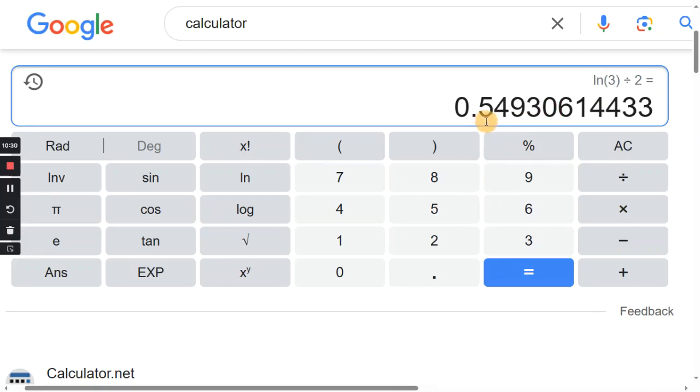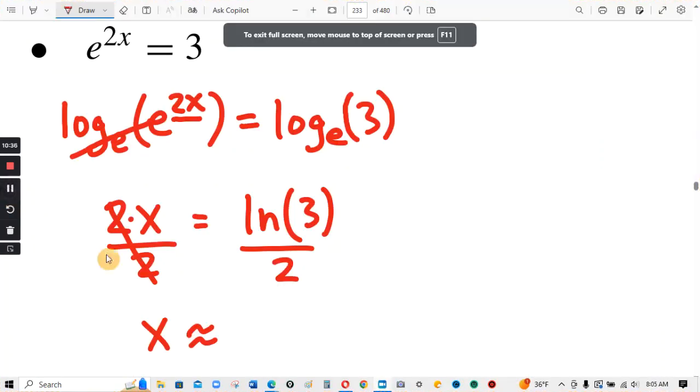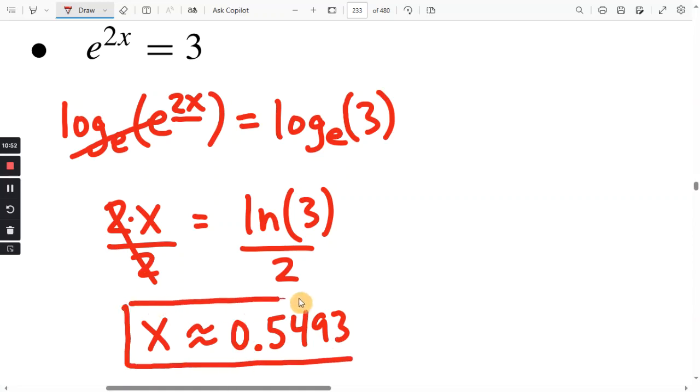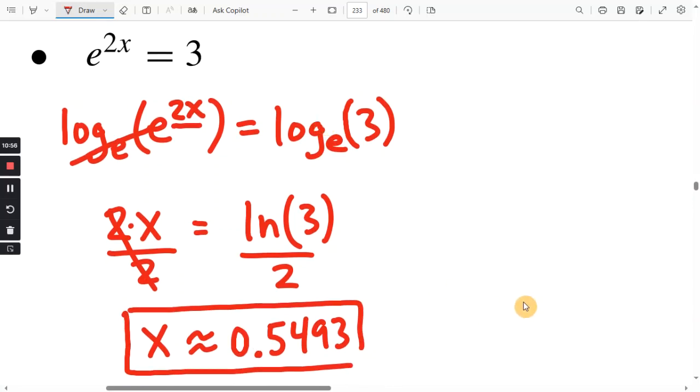So 0.5493 is 4 decimal places. So this equals 0.5493. Okay, you can leave it like that, or you can put a 0 in front of the decimal. Same thing. But that is the value of x rounded to 4 decimal places.